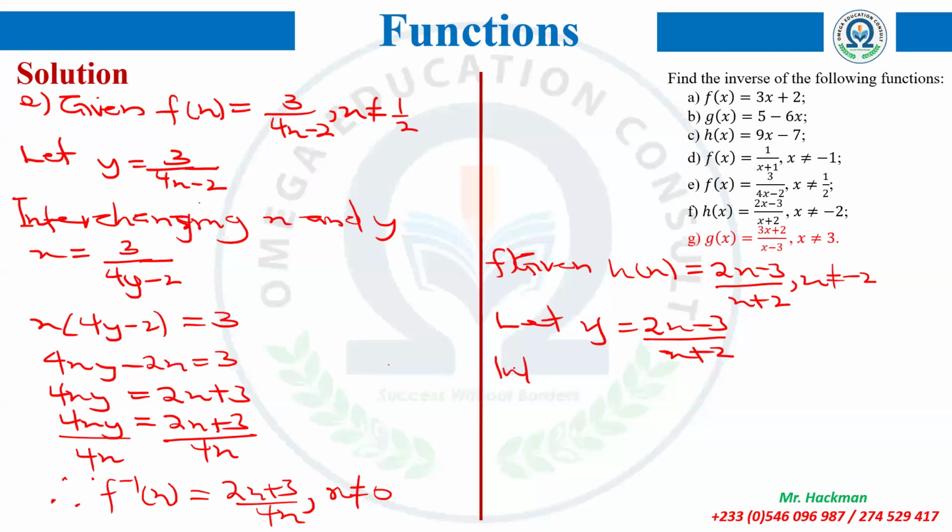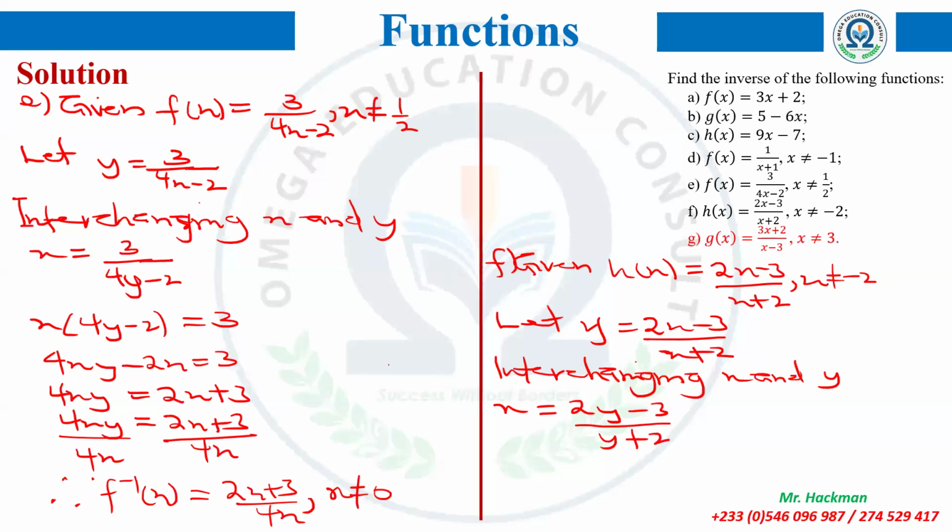So interchanging x and y, what do we get? x should be equal to 2y minus 3 all over y plus 2. All correct?